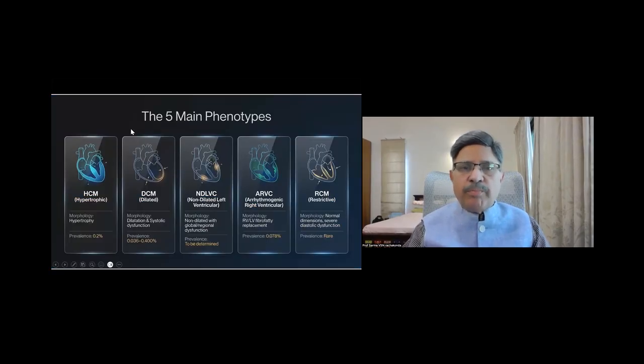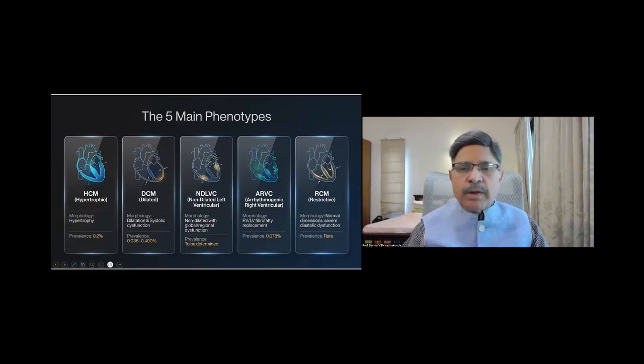Now, the 5 main phenotypes. HCM, hypertrophic cardiomyopathy, morphologically hypertrophy; 0.2% of people have this. DCM, dilated cardiomyopathy, dilatation and systolic dysfunction are the hallmark. So this is the prevalence here. NDLVC, non-dilated left ventricular cardiomyopathy with global or regional dysfunction, prevalence not yet determined. ARVC, arrhythmogenic right ventricular cardiomyopathy.